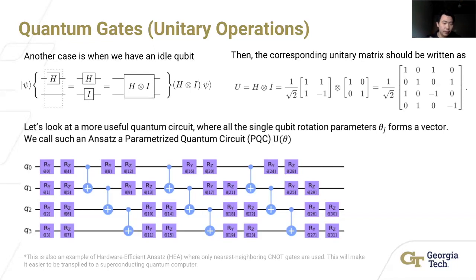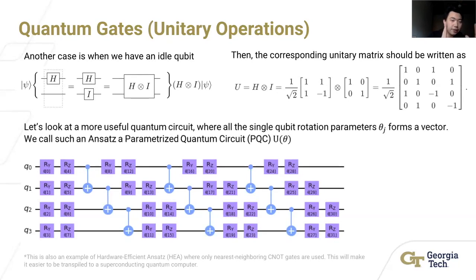And this is very suitable to superconducting quantum chips, because those also have only nearest neighbor connectivity. You don't introduce extra compiling difficulty when you're transpiling it into the physical paths.